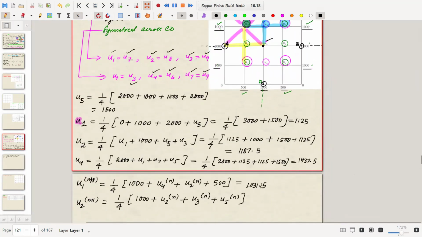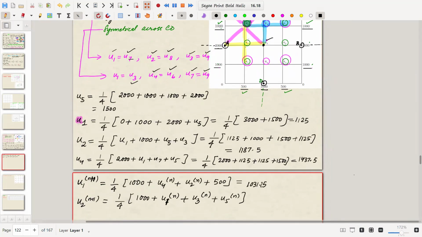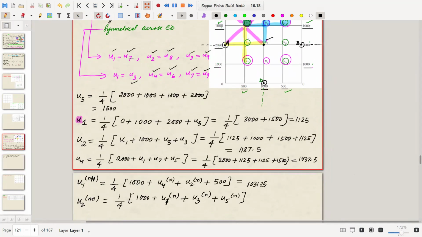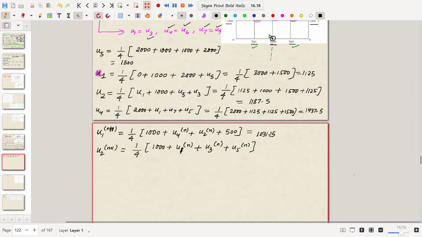You have to correct me if I'm wrong. So what should it be? 1 by 4 of 1000 plus, what is U1n? What is U3n? Same. What is U5n? What should be the value? 1187.5. Yes.